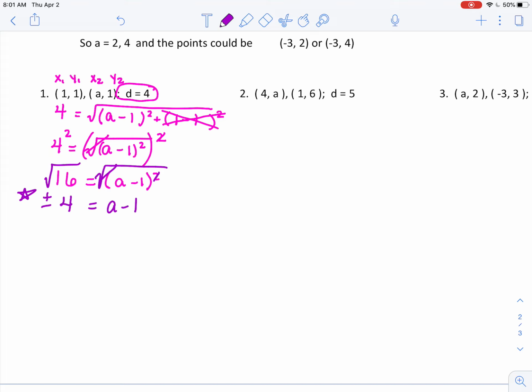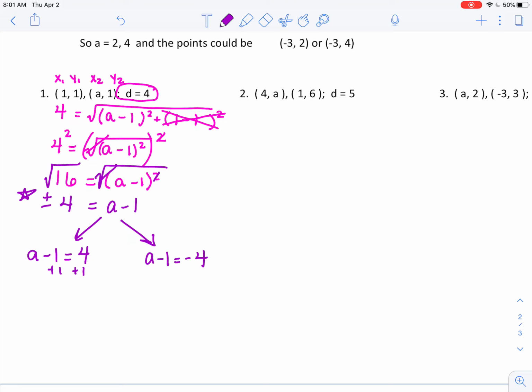Here you have to have both of those solutions because they're actually going to be 2 different values for A. Now I say, okay, either A minus 1 was equal to the positive answer, 4, or A minus 1 may have equaled the negative answer, negative 4.